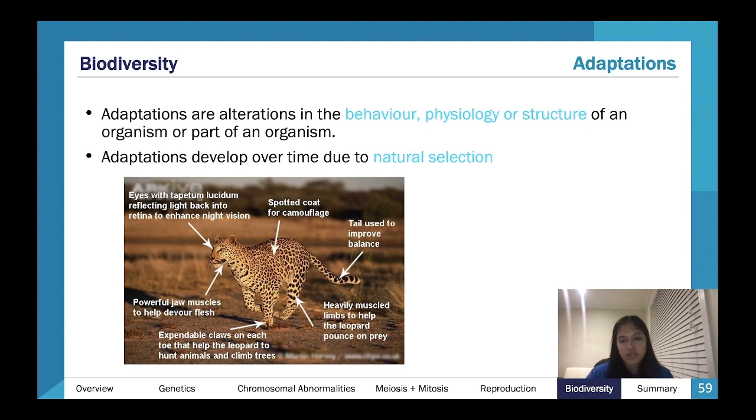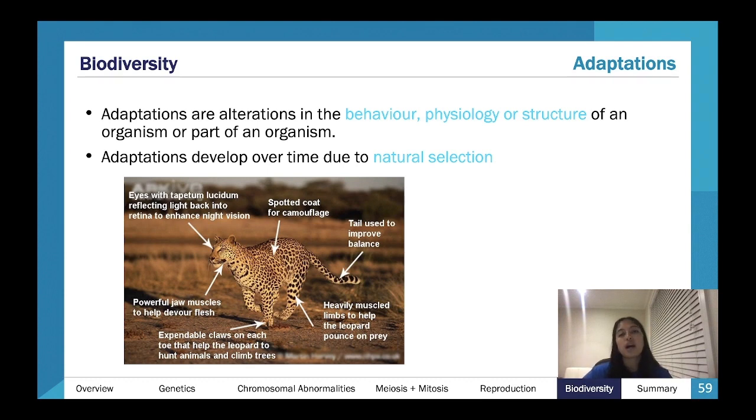So adaptations develop due to natural selection. This idea that the whole species or group of organisms can change over time is because, again, it's survival of the fittest. If you've got some organism that has a long loop of Henle and another that has a short one, the short one is more likely to die because they're going to be less hydrated, whereas the one with the long loop of Henle is more likely to survive, and more survival time equals more breeding time equals more offspring.